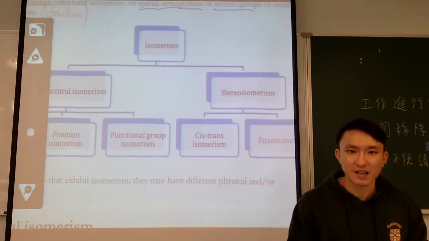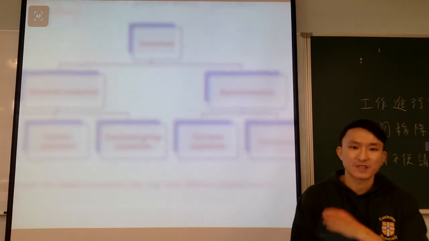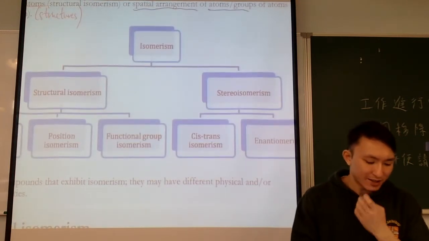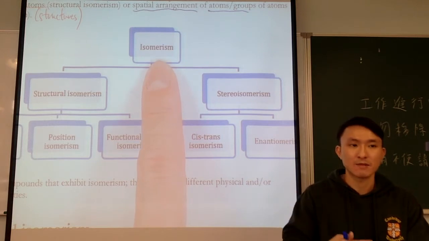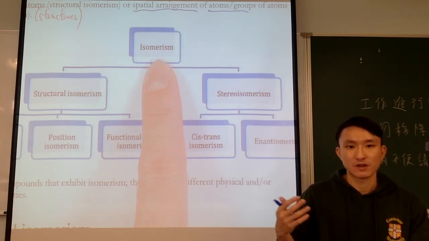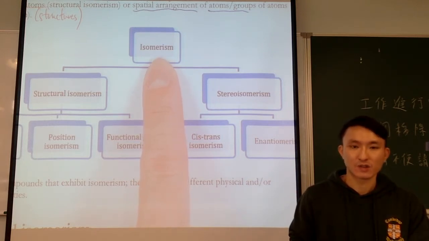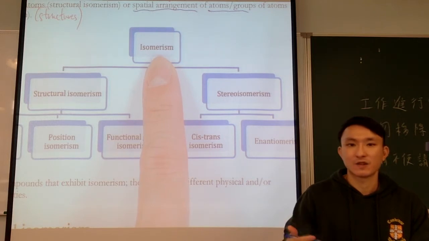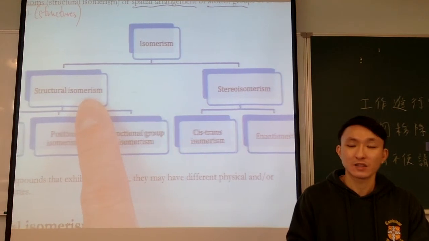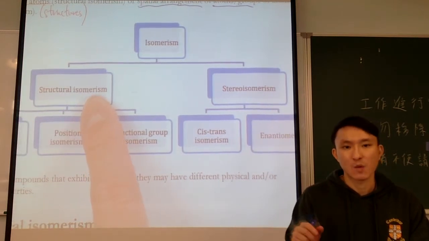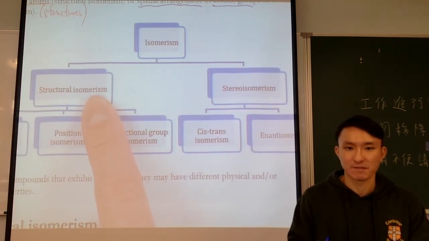Now, let's look at this kind of a diagram that shows you, okay? Now, isomerism, like I said, same molecular formula, but different structures, or representing different arrangement of atoms. So if the difference is related to the structure, then we will call it structural isomerism.